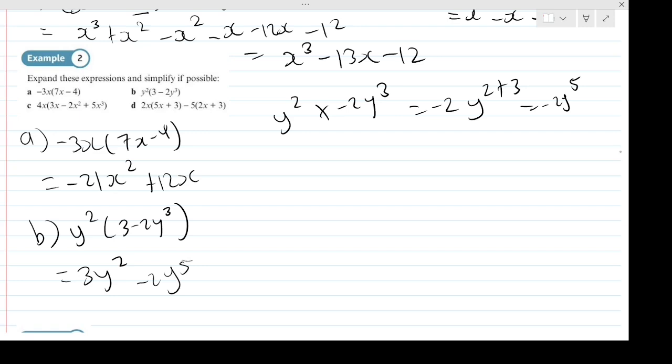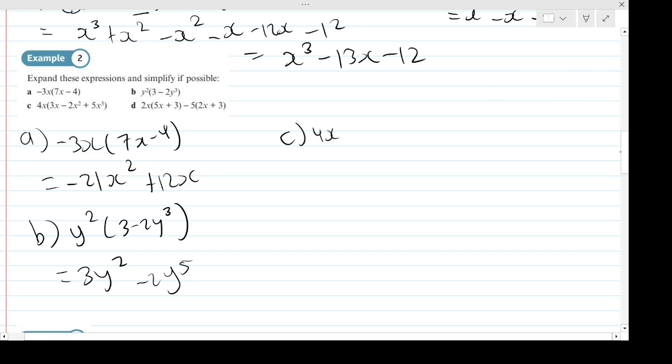Okay, cool. Then part C is asking for 4x lots of 3x minus 2x squared, add 5x cubed. And again, even though we've got 3 terms now instead of 2, it's the same process again.